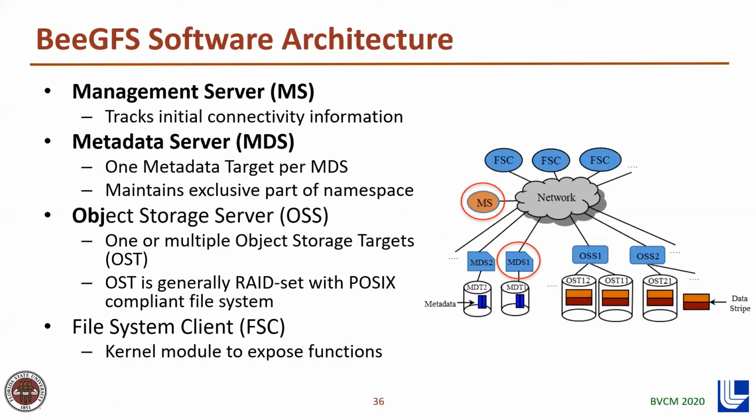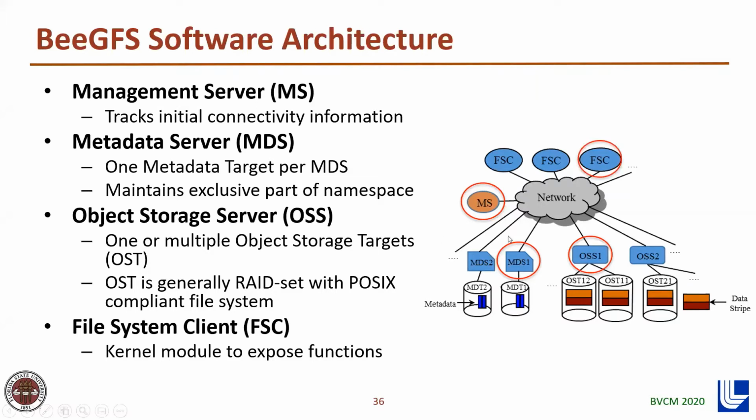And it can have object storage servers, just like any other parallel file system. We can have one or multiple object storage targets. Each object storage target can generally be a RAID set with a POSIX compliant file system.